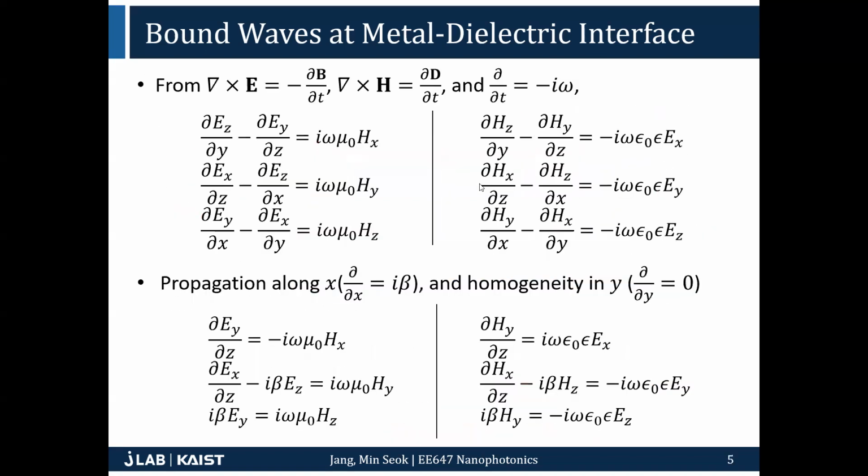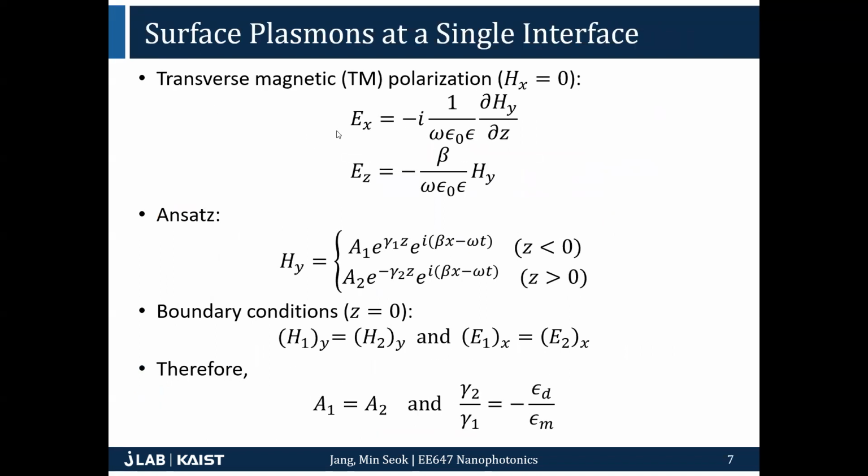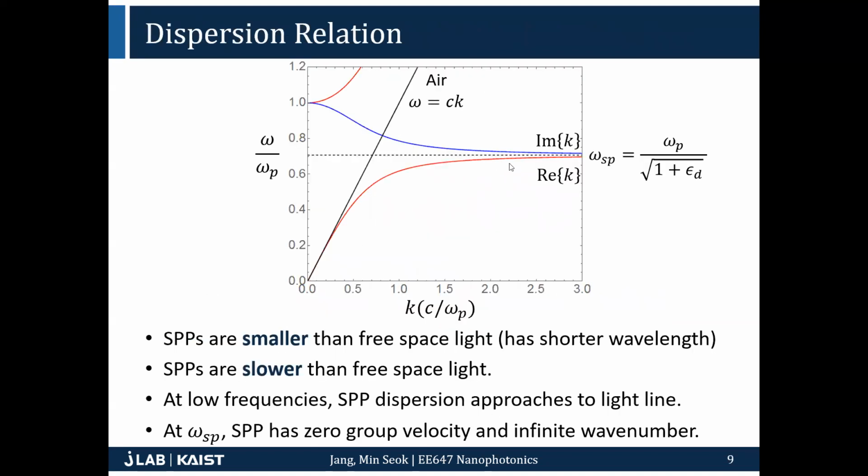So we did that, and then we saw the TE polarization. At TE polarization, there's no surface mode, but in TM polarization, you have surface mode, and this surface mode is called as a surface plasmons. And then here, this is the dispersion relation of surface plasmons. And then if you draw it, it looks like this.